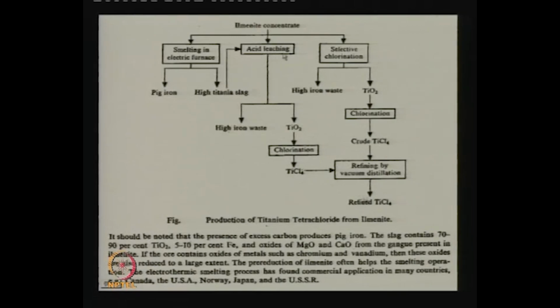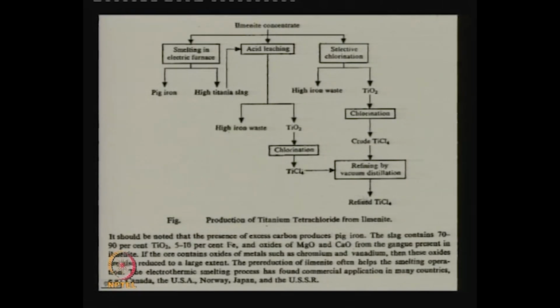By acid leaching, one can take out TiO2 in solution, but then the iron part is wasted. If we go for selective chlorination, remove FeO as a volatile chloride, then also the iron value is wasted.